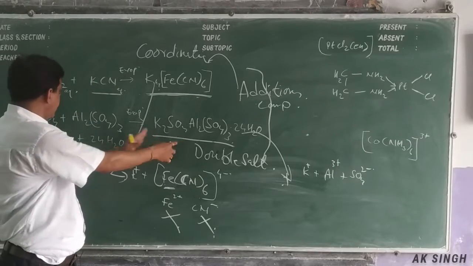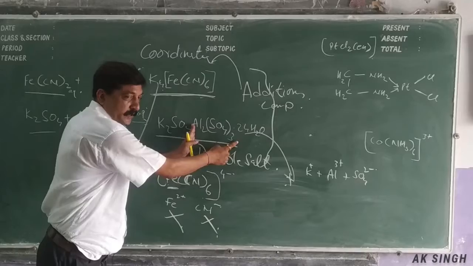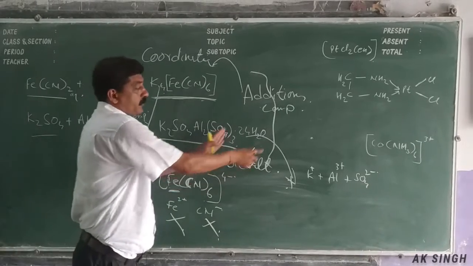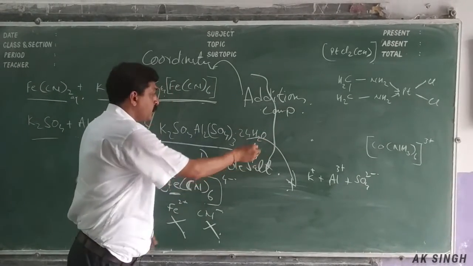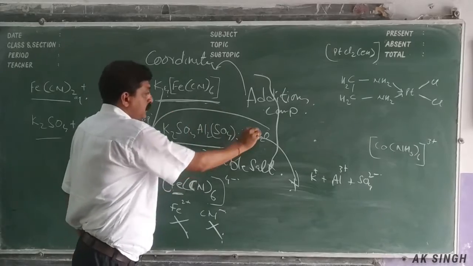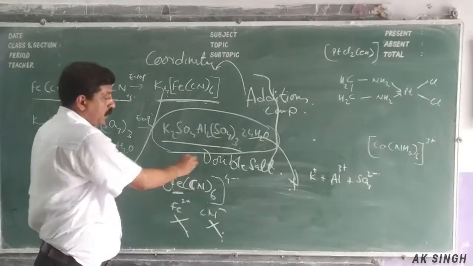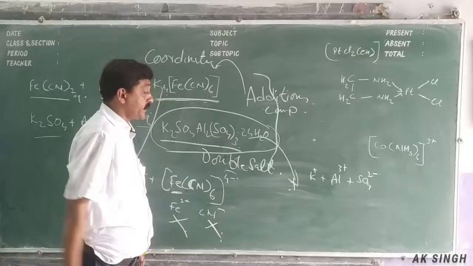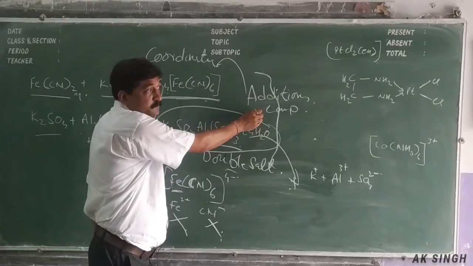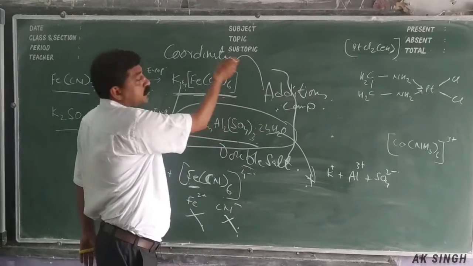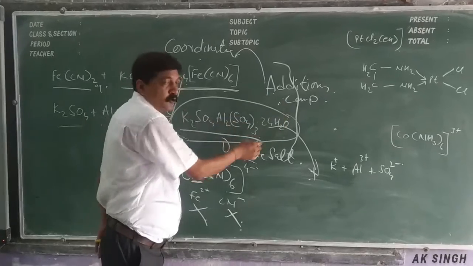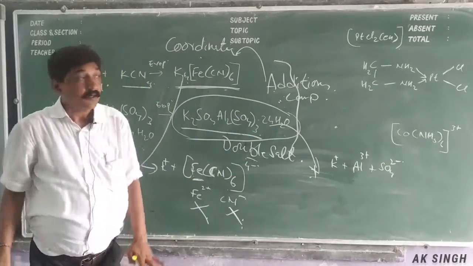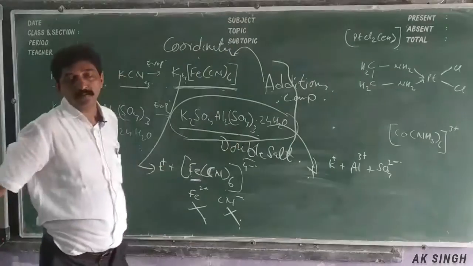Potassium sulfate is here, aluminium sulfate is here, and also the 24 molecules of water are here. So this is another type of compound, and we name it a double salt. It is also an addition compound. So addition compounds could be coordination compounds or double salts.